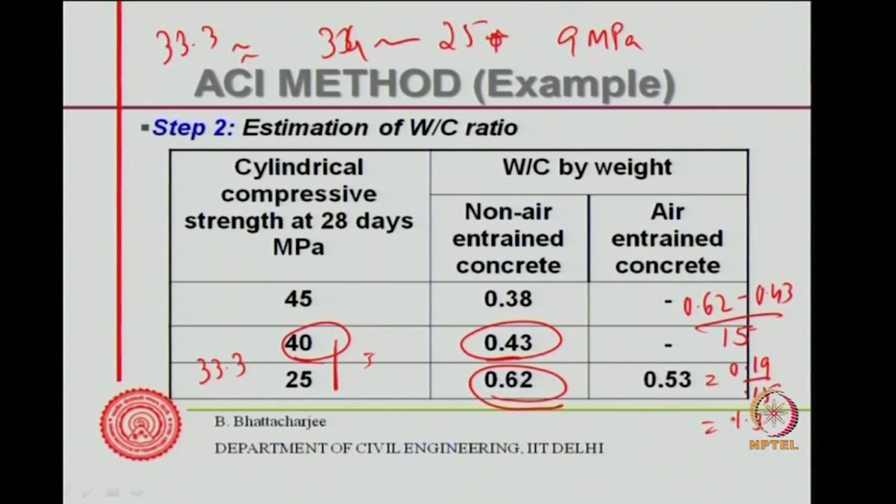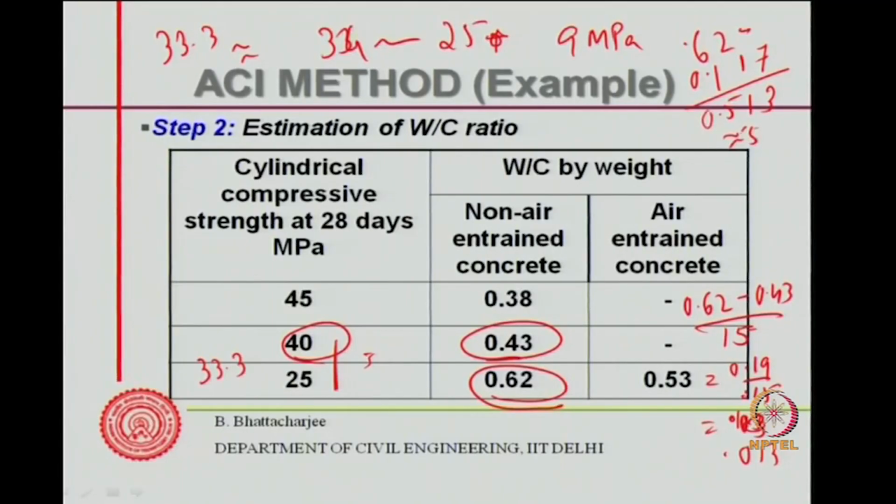For 10 MPa it will be 0.13, so for 9 MPa it is about 0.117. So 0.62 minus 0.117 comes out to be 0.51.